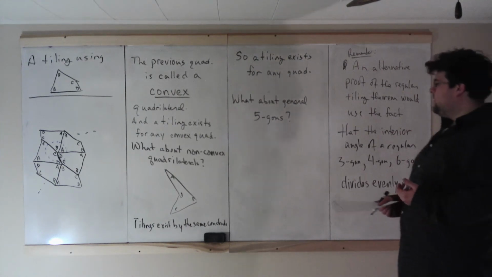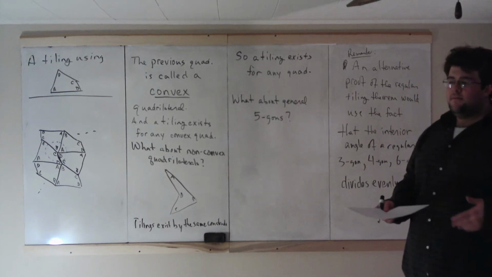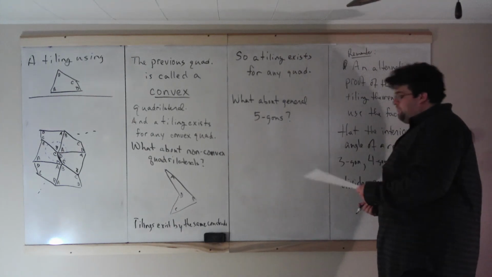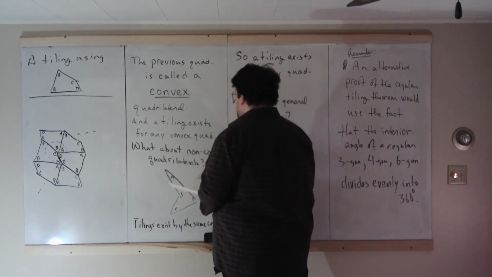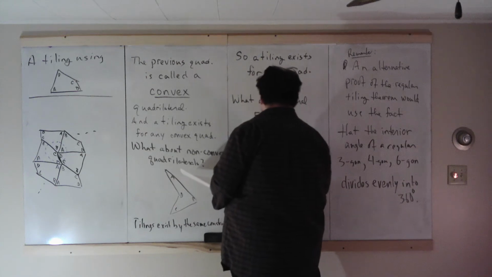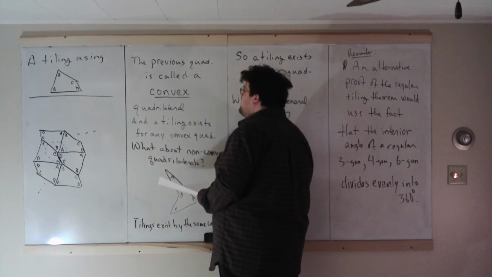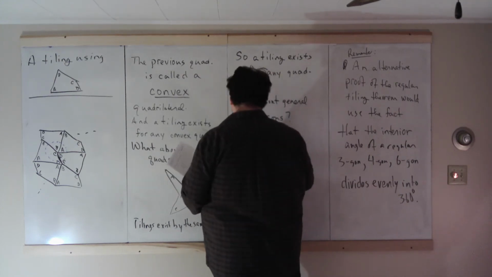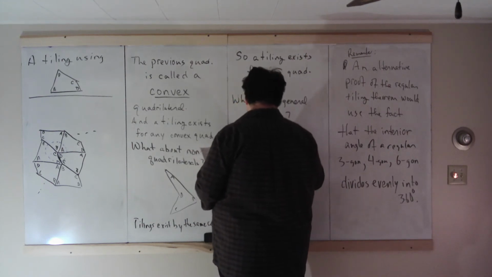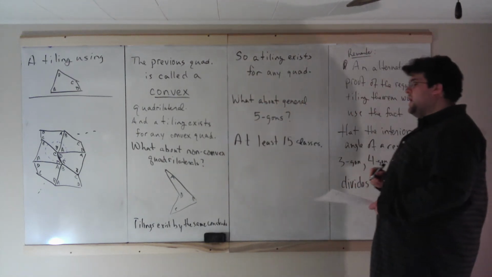I think that it started with 4 classes of five-gons, so five-gons where the angles satisfy various conditions. And throughout time, 15 classes of general five-gons can be used to tile. But it is not known if that is all there are. So at least 15 classes of five-gons tile the plane.